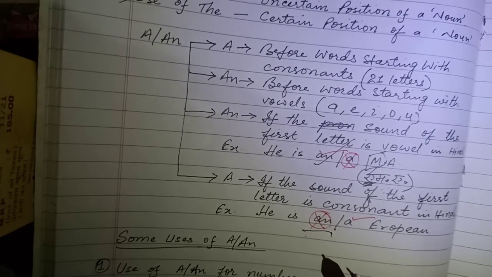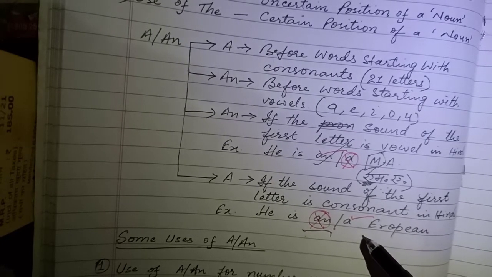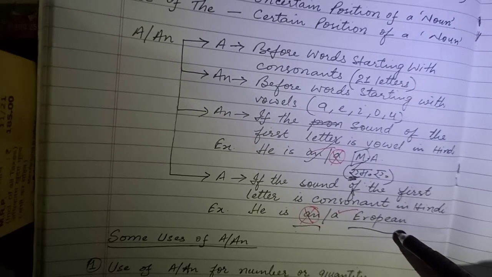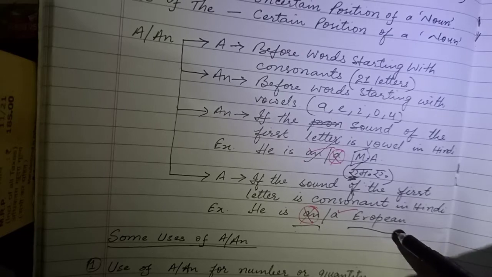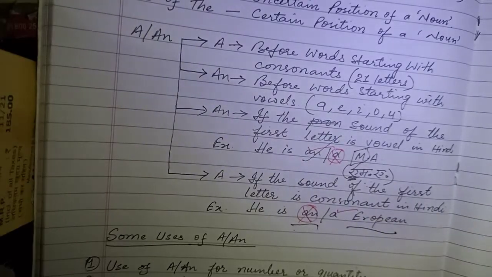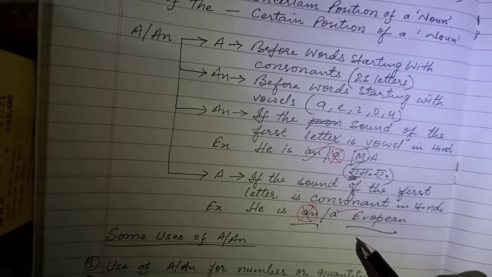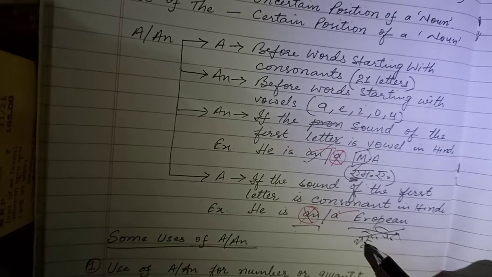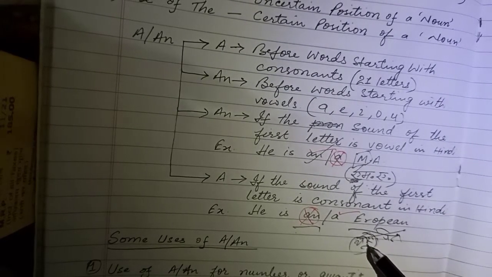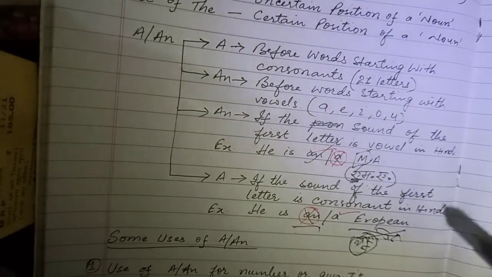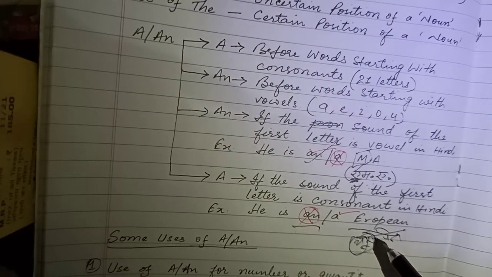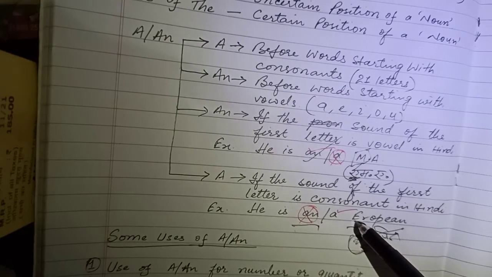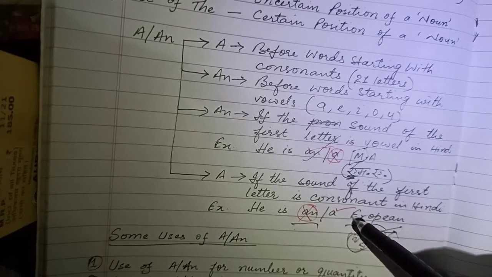It will be wrong because when you speak European, it has the sound of a consonant in Hindi, as when you write European in Hindi, the first sound is ya. This ya is a consonant in Hindi. That is why a is used before European, even though E is a vowel of the English alphabet.